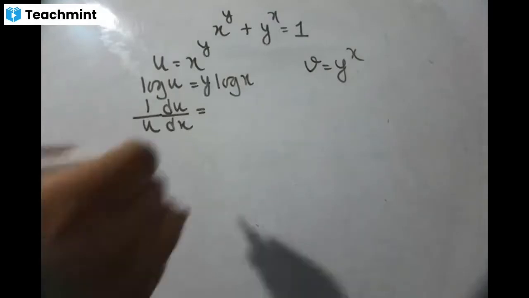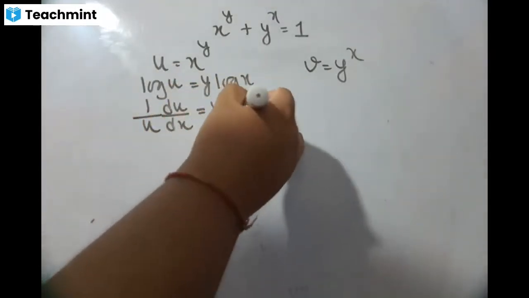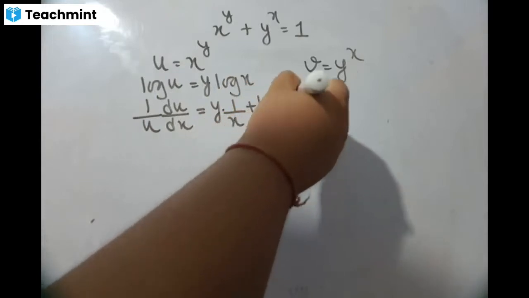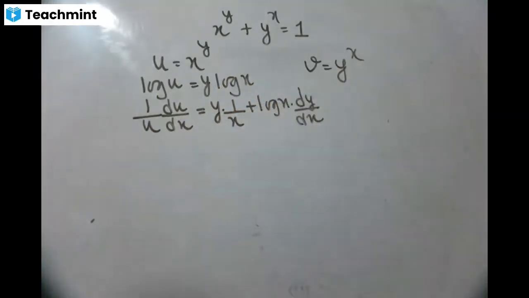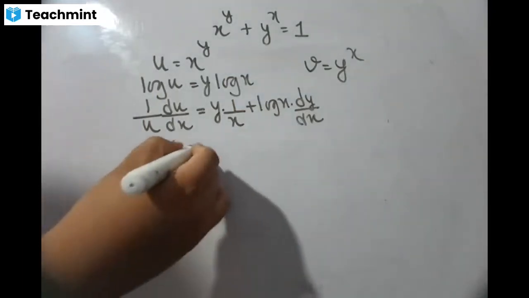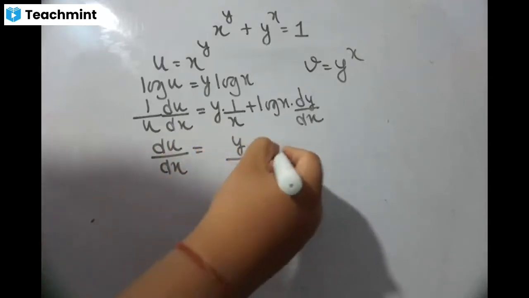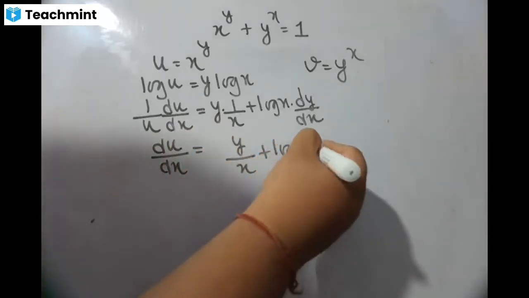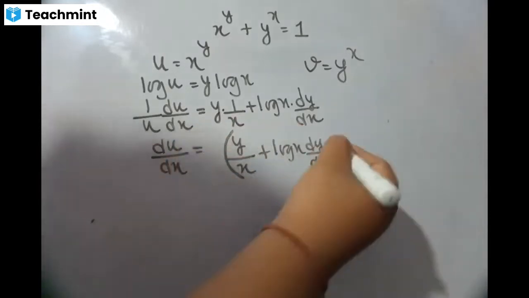What will be the product rule? y times the derivative of log x, which is 1 by x, plus log x times the derivative of y, which is dy by dx. So the value of du by dx that we are getting is y by x plus log x into dy by dx, open bracket.